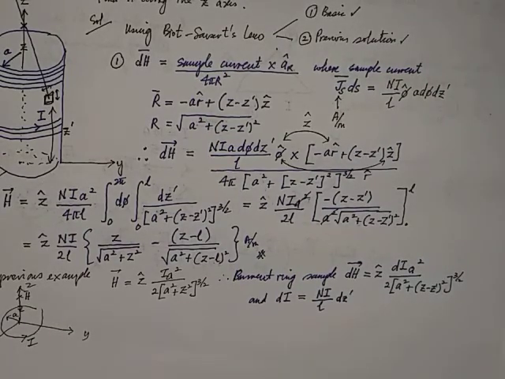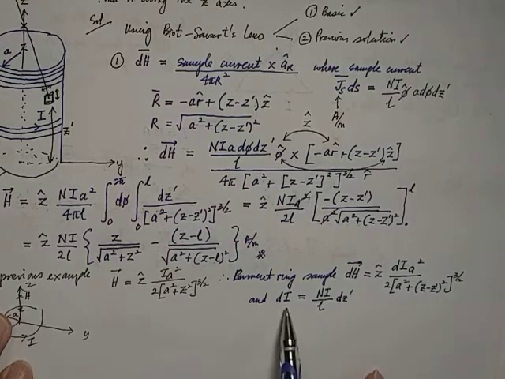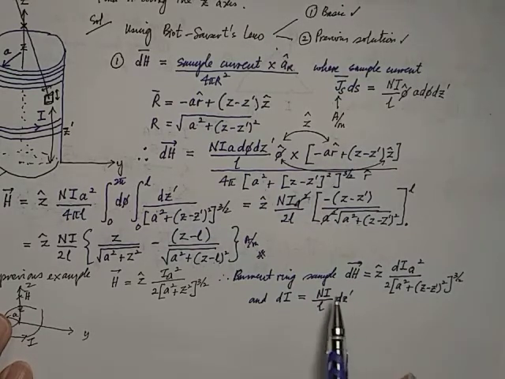That should be my dI. Okay, you can ask me, why sir? Because what should be the unit of NI over L? Ampere per meter, correct. What is the unit for dz prime? Meter. So what should be the unit after you multiply these two components together? Ampere. Is it the unit for current? Yes.